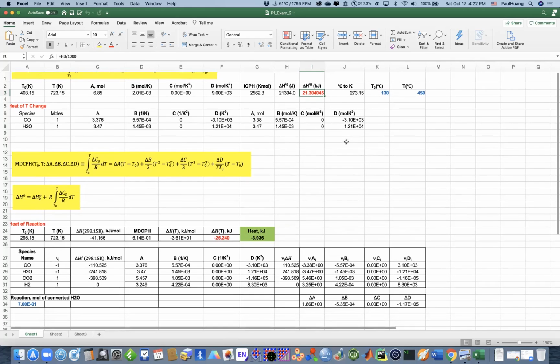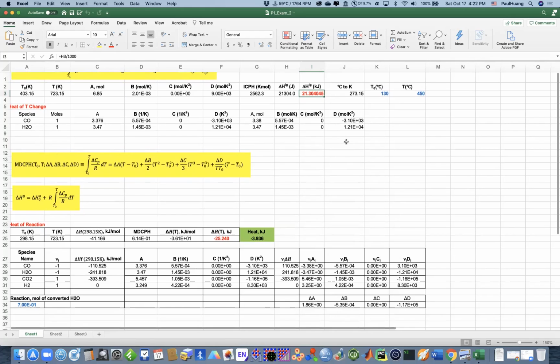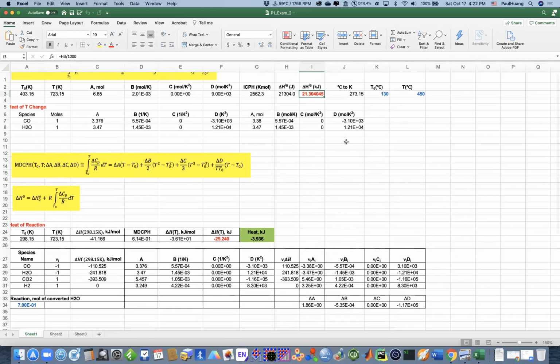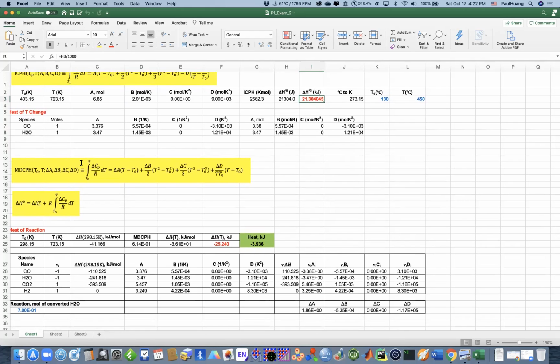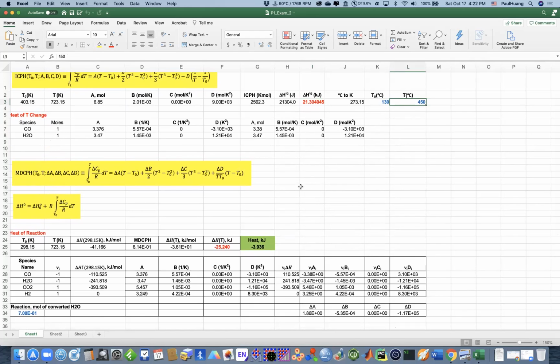After that, we need to calculate the heat of reaction needed at that temperature. So again, now the temperature for the reaction would be 450.